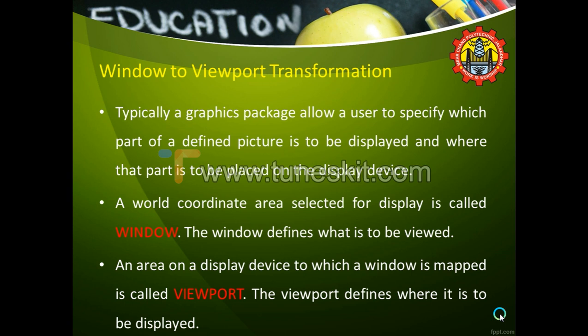So the viewport defines where it is to be displayed: the part which is selected in the window, at what position it is to be displayed on your display device.